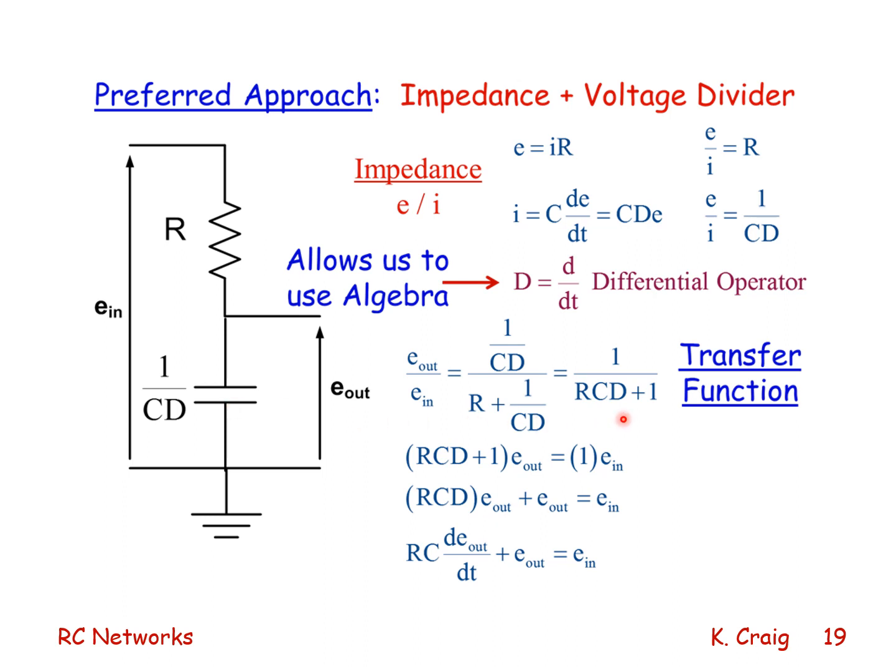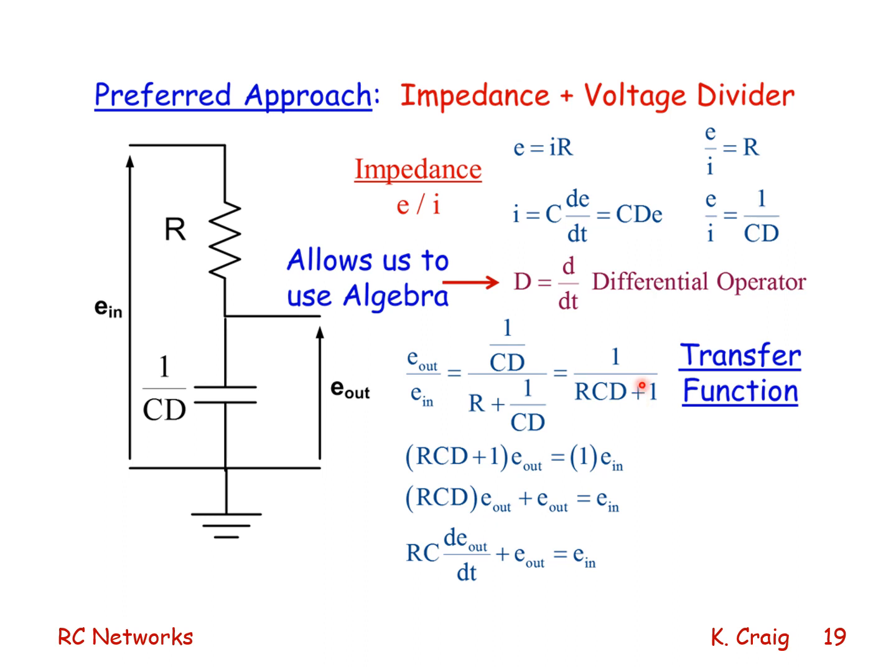If I simplify, I get 1 over RCD plus 1, which I call my transfer function. And again here, I'm using the fact that my impedance for the resistor is R. The impedance for the capacitor is 1 over CD.